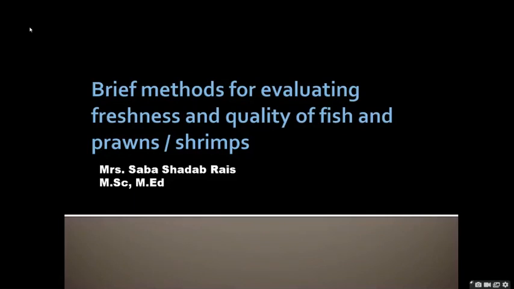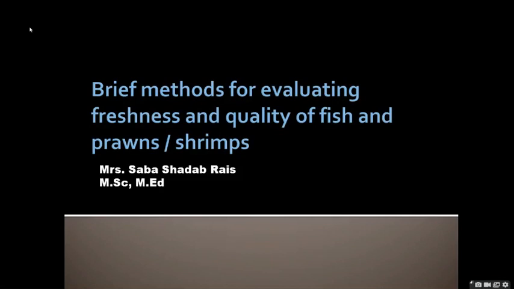So pre-rigor and in-rigor, these two stages are the standard of quality, or you can say the quality index. So we are going to learn this particular stage, because fish sellers have the criteria to maintain the fish in the rigor stage.